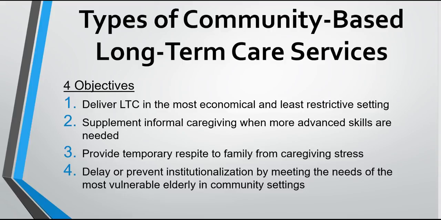The first is to deliver long-term care in the most economical and least restrictive setting whenever appropriate, to supplement informal caregiving when advanced services are needed, or to substitute informal services when a person lacks a social network to receive informal care. The third is to provide temporary respite care to informal caregivers. And last is to delay or prevent institutionalization.